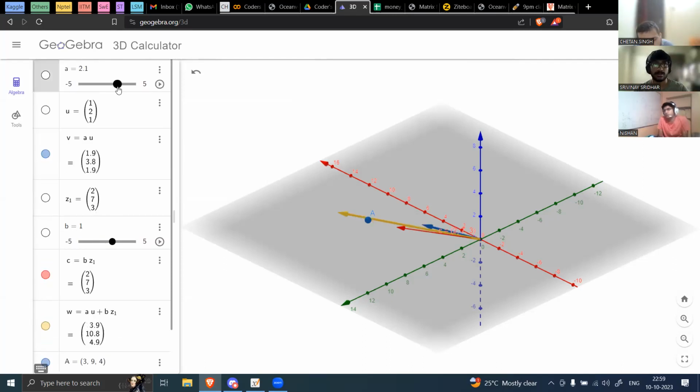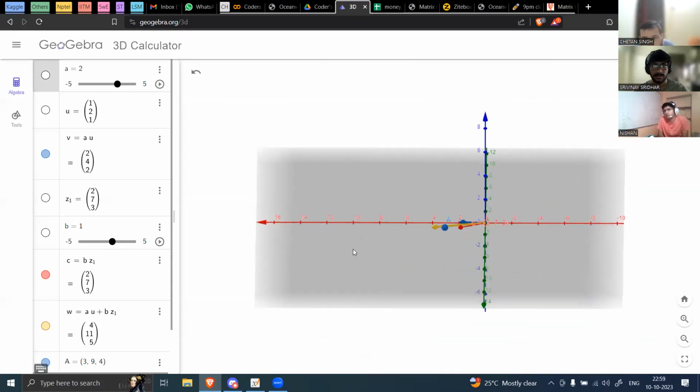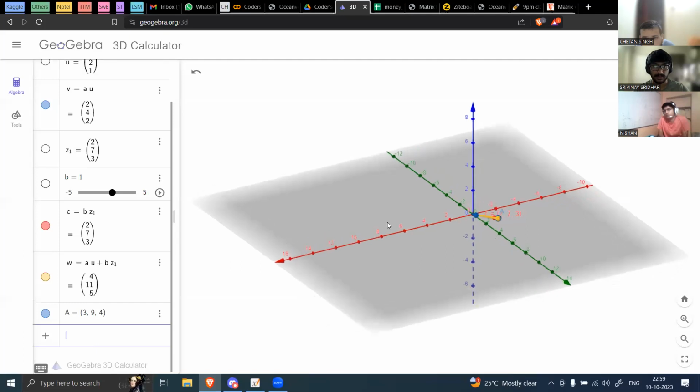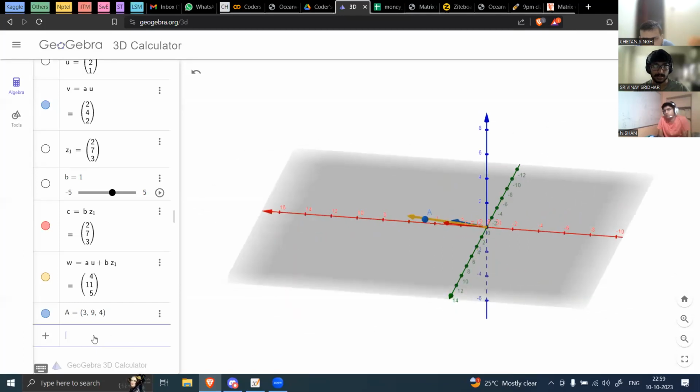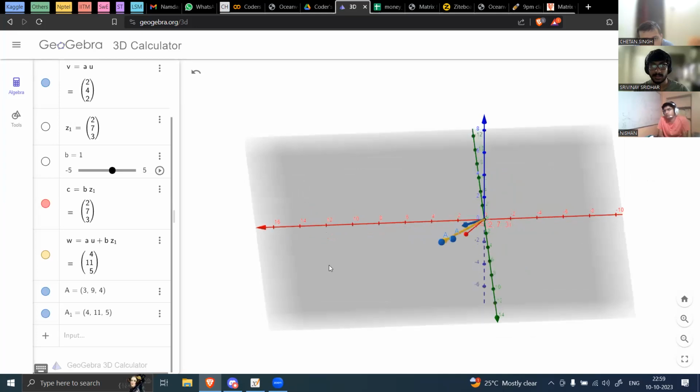If I take 2 times the first vector and add it to 1 times the second vector, I am reaching some other point, and that point is 4, 11, 5.